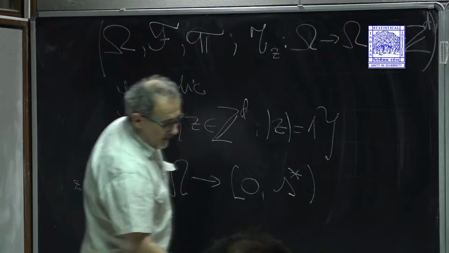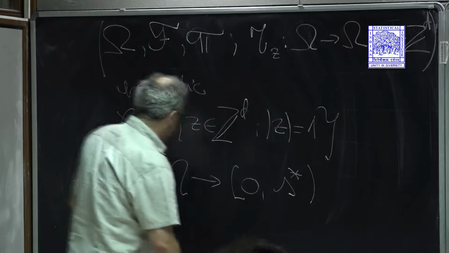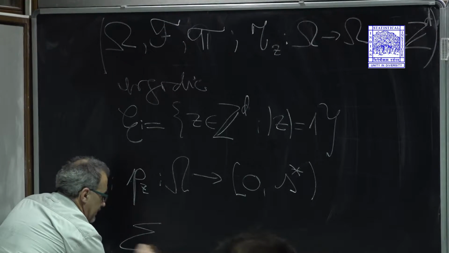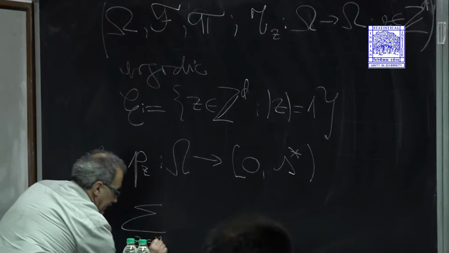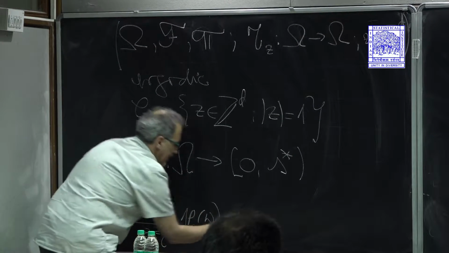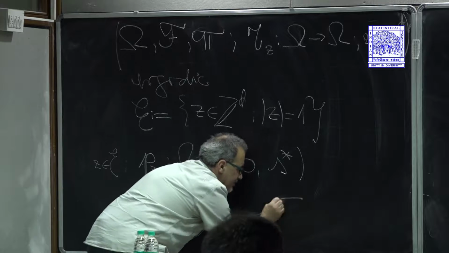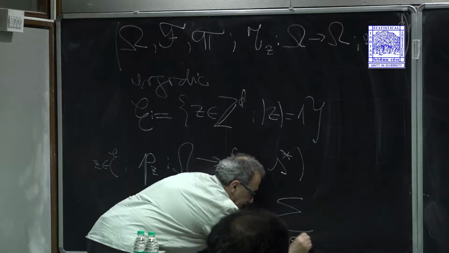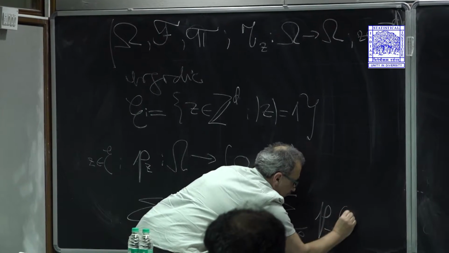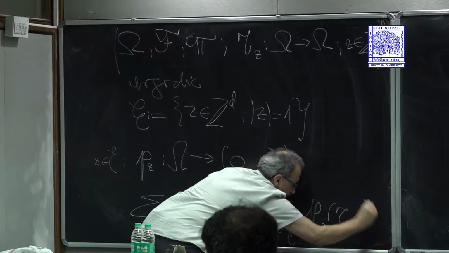My important constraint here is that the sum over z in E of P_z of omega is equal to the sum over z in E of P_{-z} of tau_z omega.